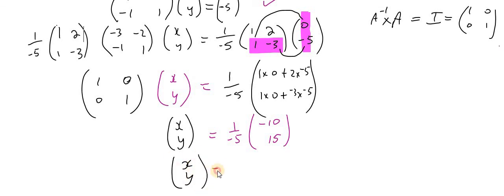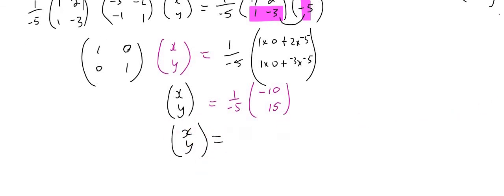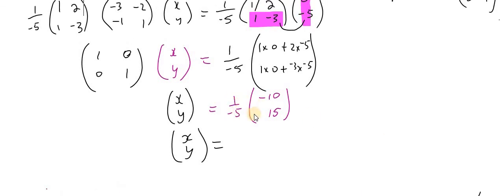Then write back this. And then we're gonna find 1 over negative 5 to be more clear. Doesn't matter where the negative goes, at the side, at the top, or below. Still negative 1/5. Multiply by negative 10, the first component. Now the negative times negative is positive.